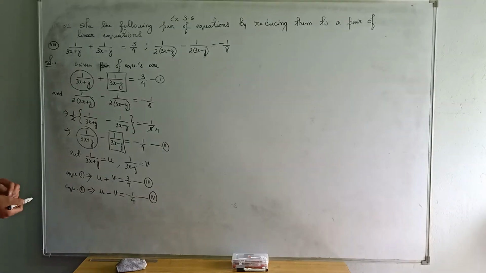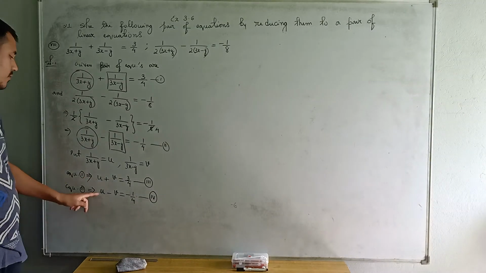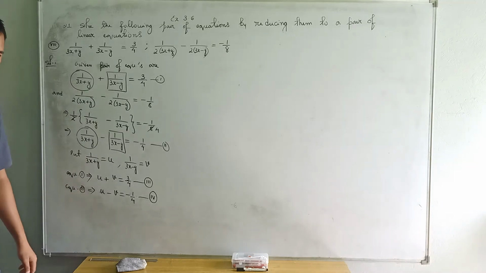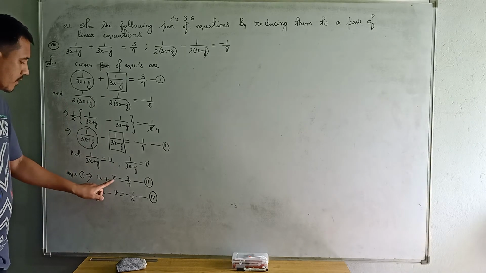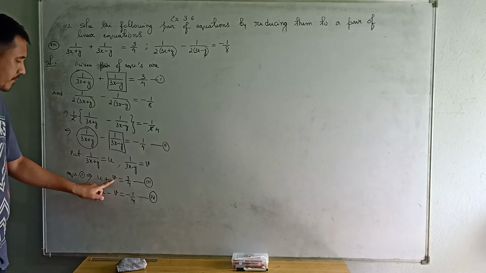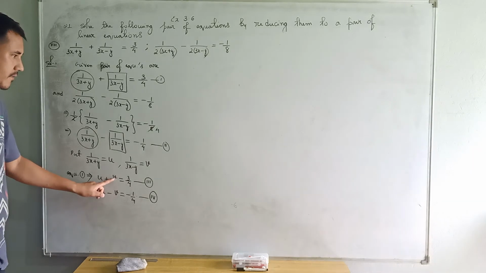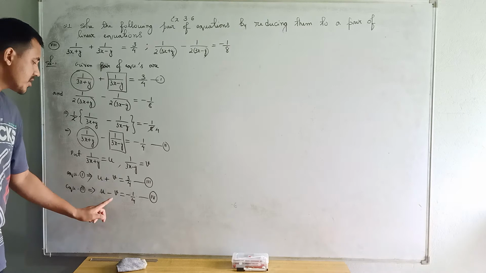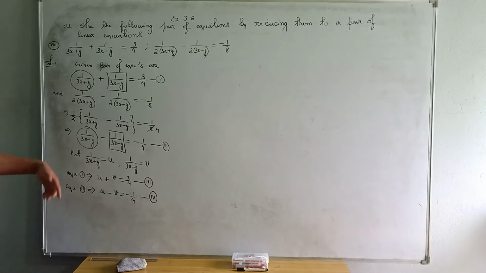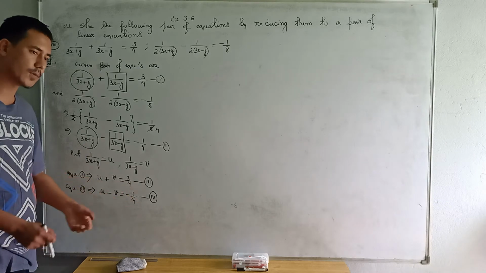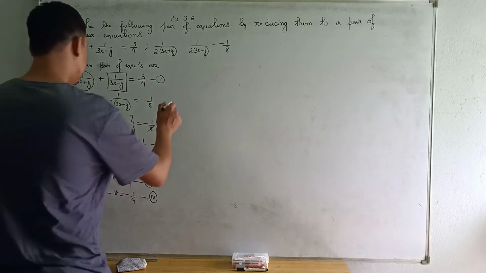Now this time we can do the elimination method because coefficient of u is same, coefficient of v is also same. Now if you want to eliminate v, in equation 3 the term containing v is positive. In equation 4 the term containing v is negative, opposite sign. So if the terms contain opposite sign, then we add the equations, right?